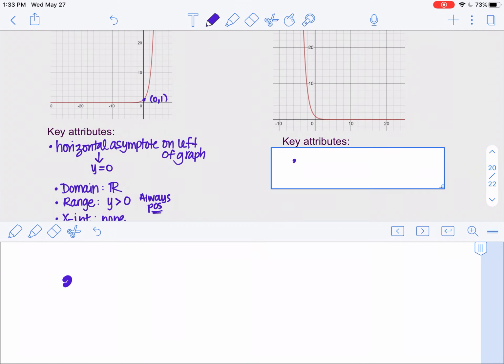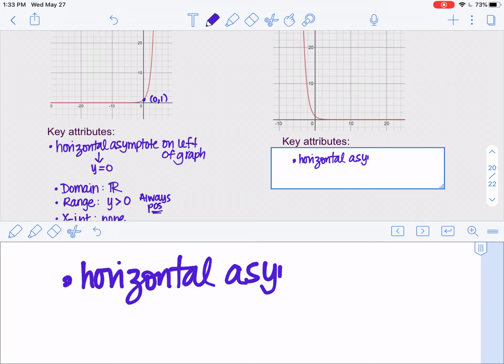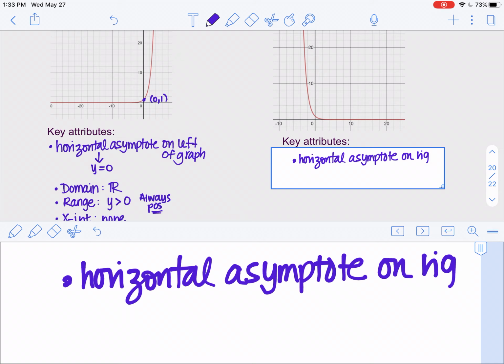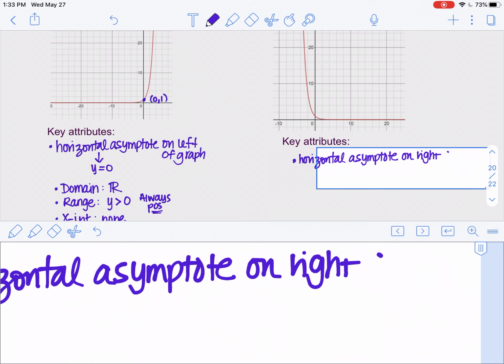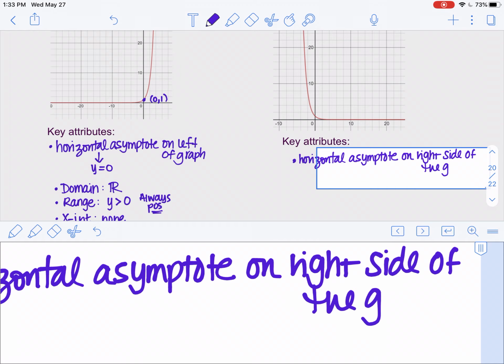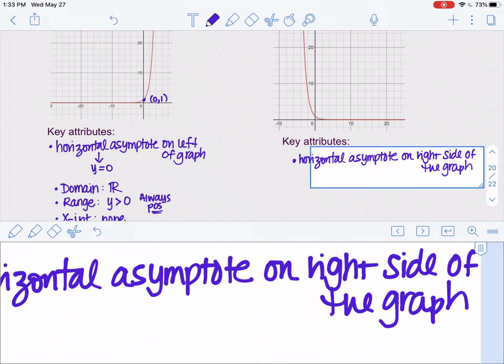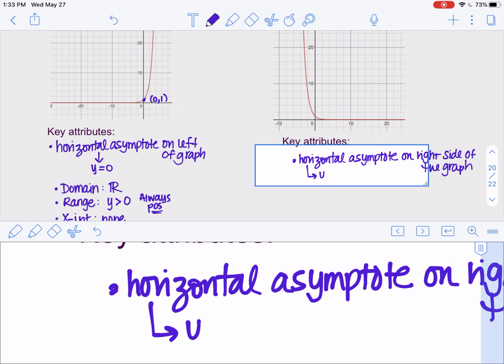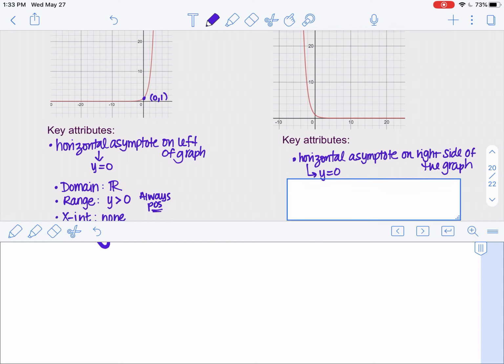This also has a horizontal asymptote, but this time, instead of being on the left, it's on the right. It still would be y equals 0, that horizontal line.